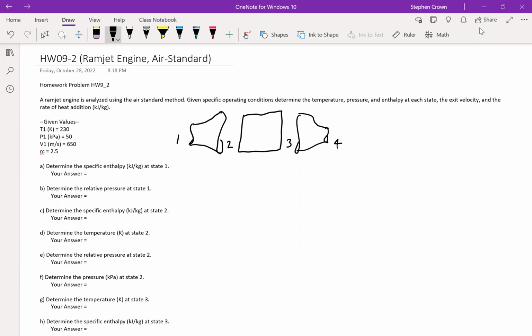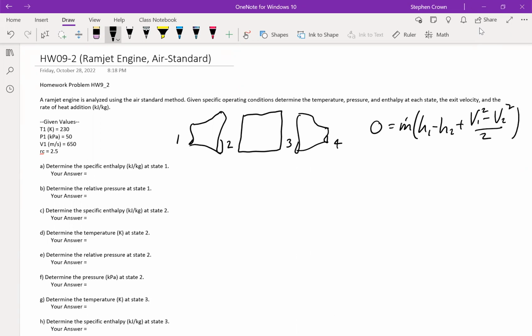So we have, like before, an isentropic process. So we have the first law: m dot times (H1 minus H2 plus V1 squared minus V2 squared over 2) equals 0.